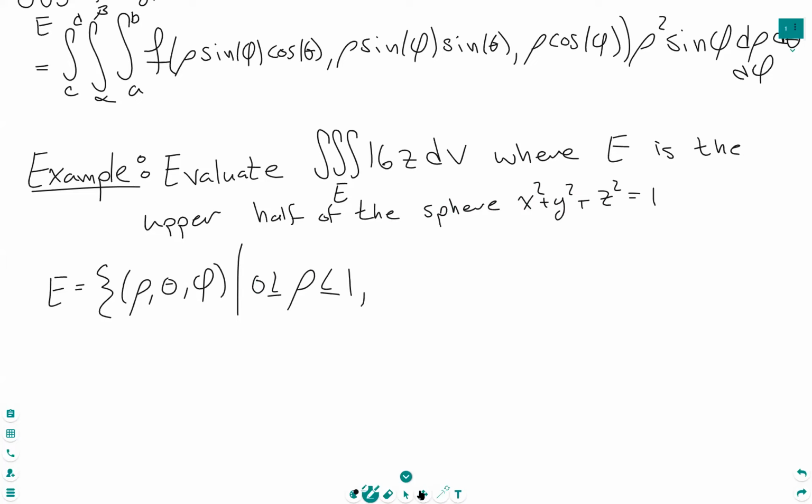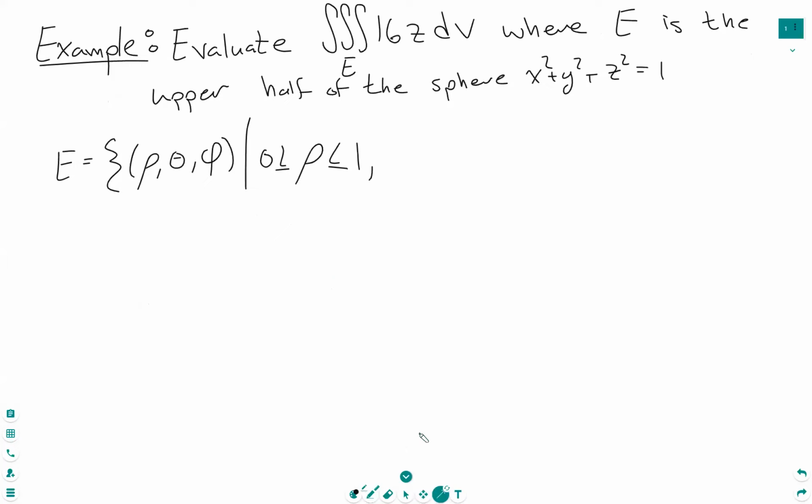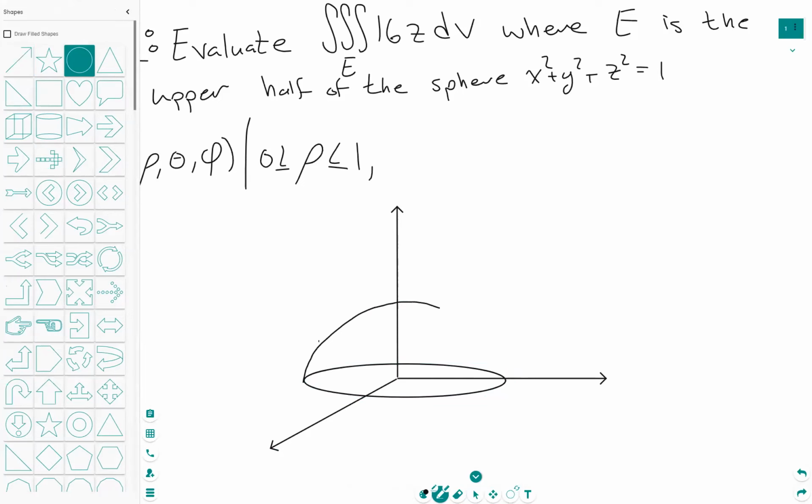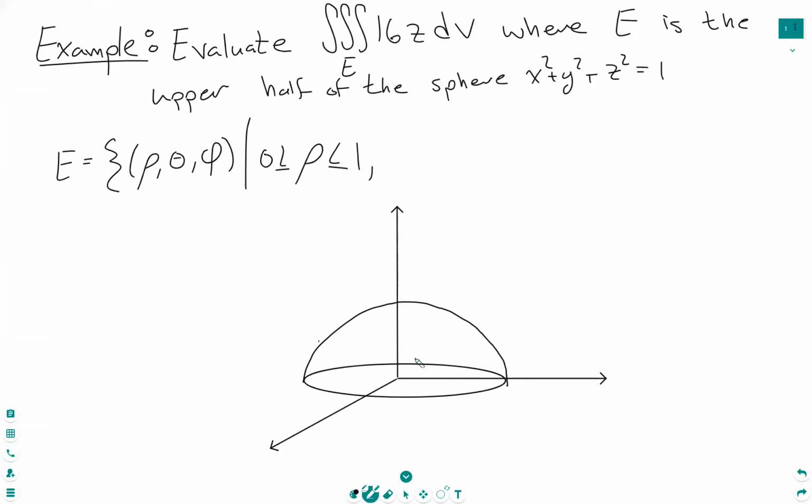If we're looking at the sphere, I'll try my best to draw a sphere here. So we have the bottom of the sphere, maybe like this, and then we have the top of the sphere, something like that. We have to think about our definition for phi and theta.